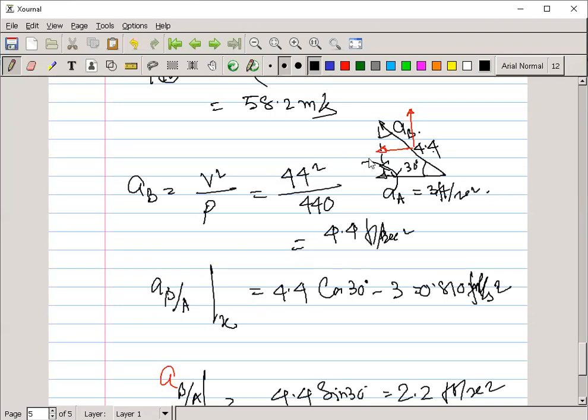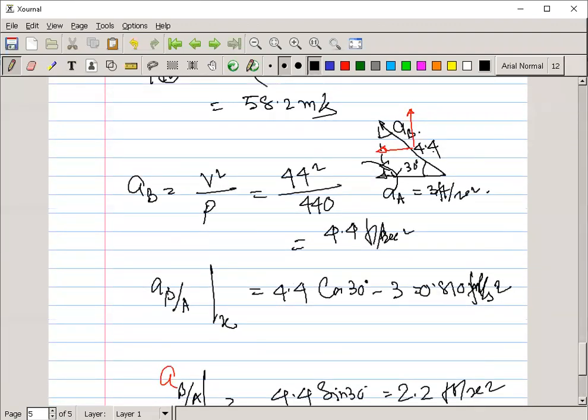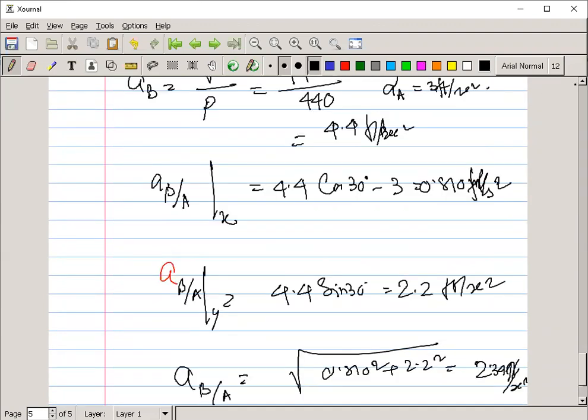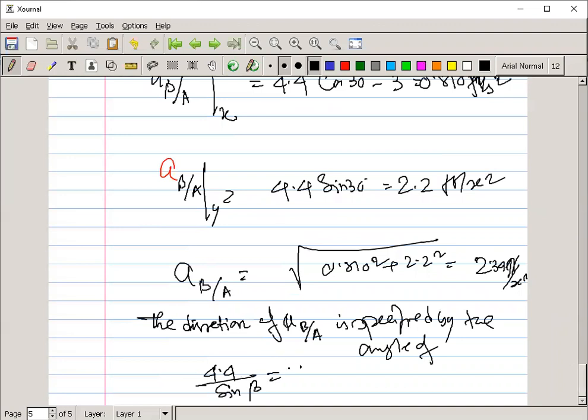Sorry, I am saying about the acceleration b by a, which is 2.34. So 4.4 by sine beta is equal to 2.34 divided by sine 30 degree.